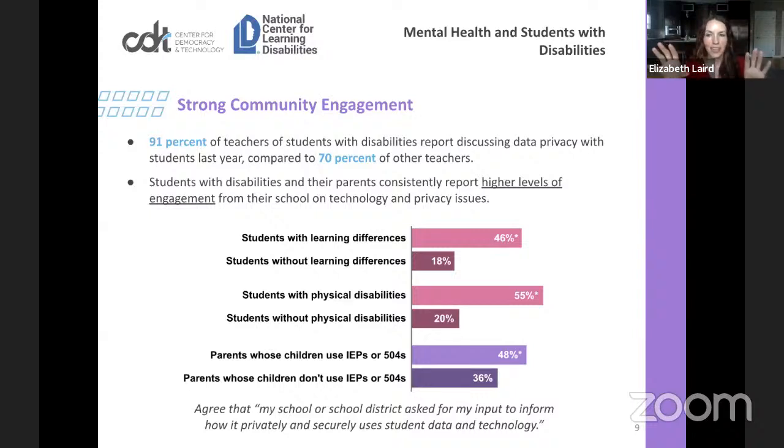So that's really pretty amazing, that within this community, what we hear so much about is the need for communities to be involved in these conversations, and that one of the pillars of responsible data use is that you are engaging those about whom you're collecting information. And so that is happening within the special education community. And is there more room to grow? Of course. But those are some pretty stark differences between students with disabilities and their parents, and those who don't.